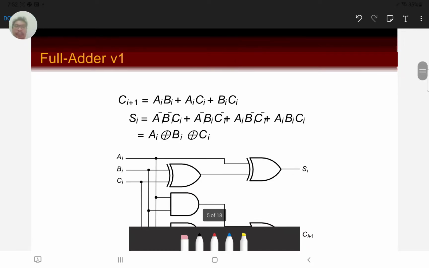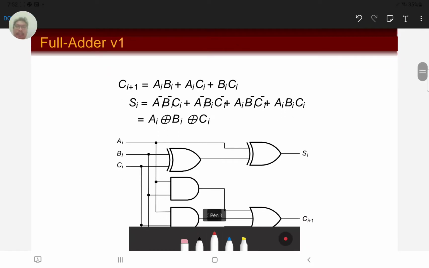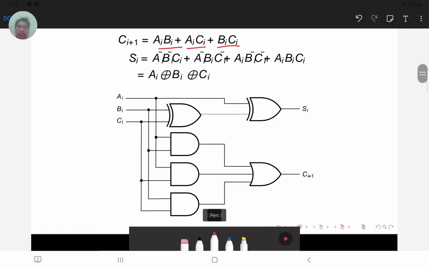If you do the K-map carefully and correctly, we get Ci plus 1 equals AiBi plus AiCi plus BiCi.